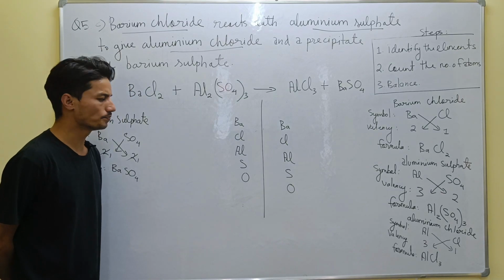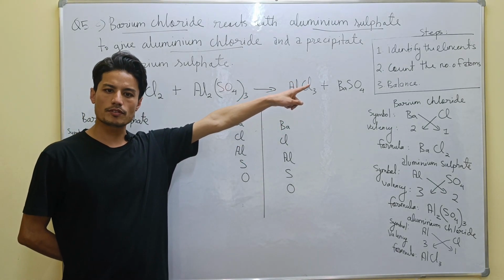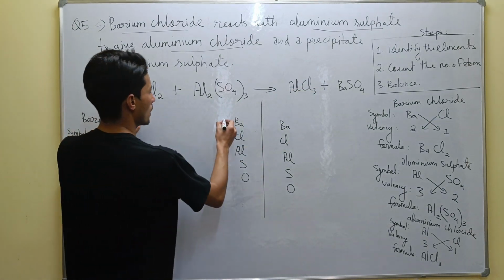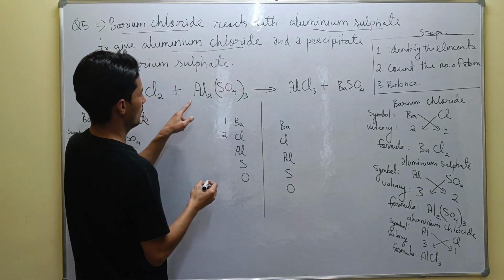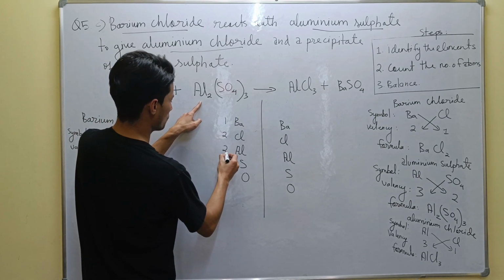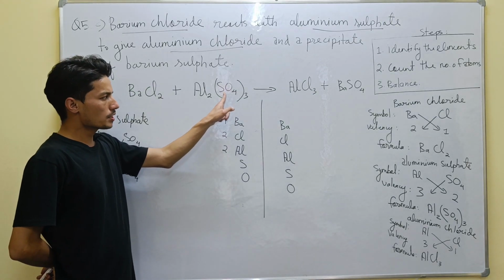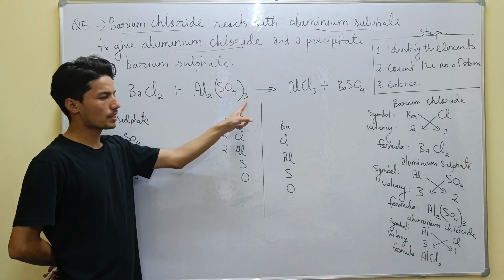Next step, count the number of atoms. How many barium? 1. How many chlorine? 2. How many aluminum? 2. How many sulfate? Both sulfur and oxygen are inside the bracket. Outside the bracket we have 3.